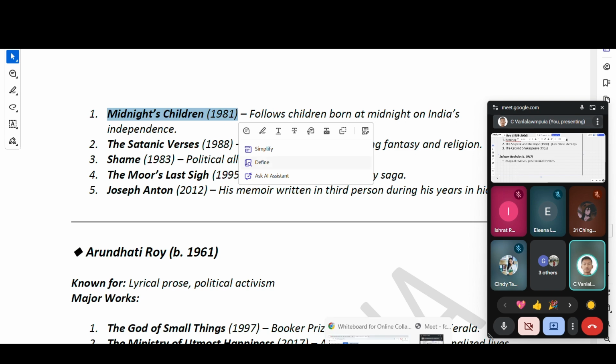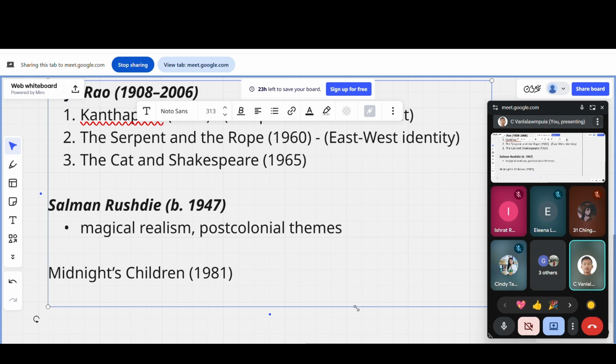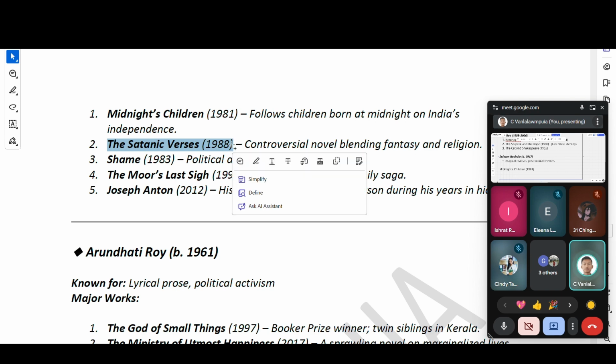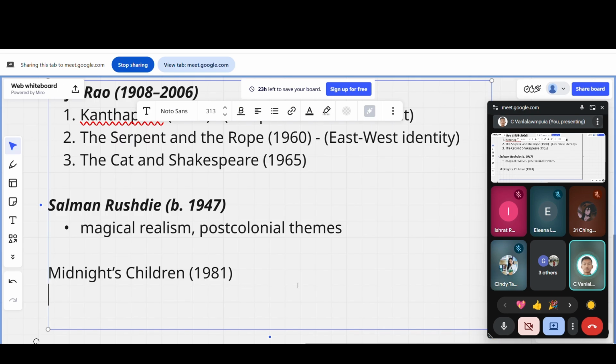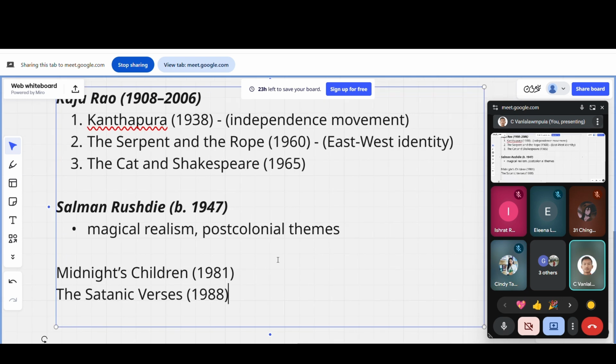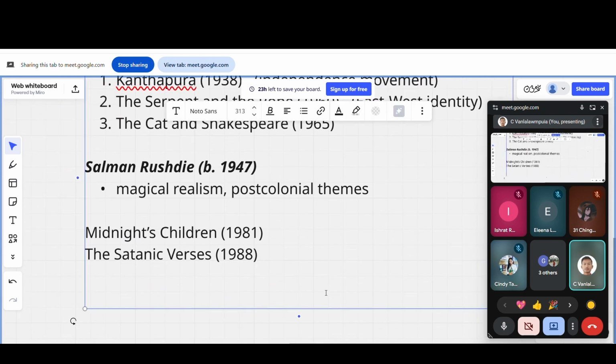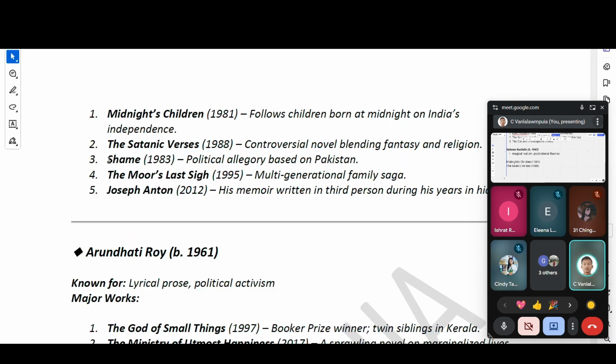Okay, 1981. Midnight Children 1. And second is Satanic Verses. Okay, this is very controversial because he criticizes Muslim people. So this is very controversial and it's banned in so many countries. It's written in 1988.